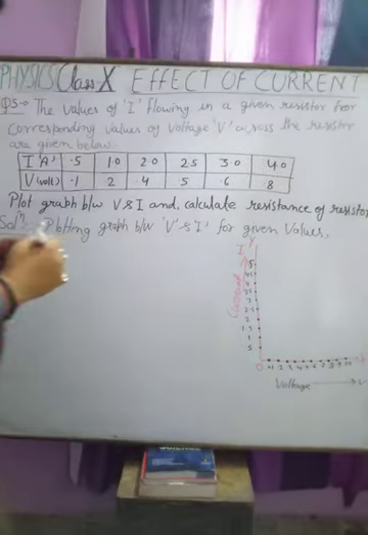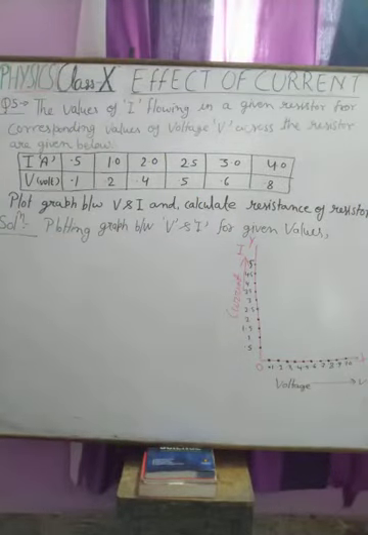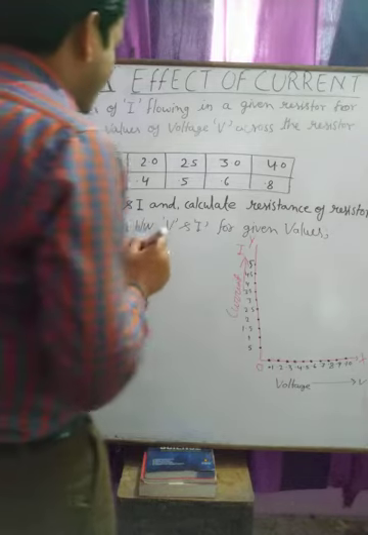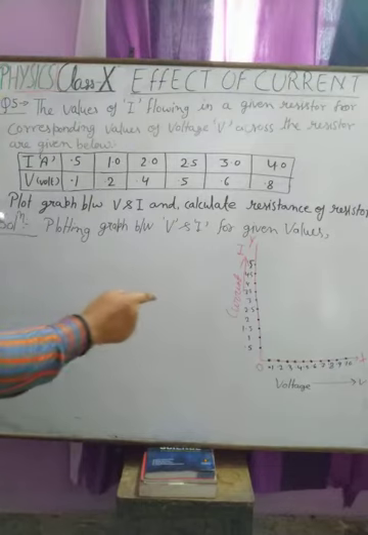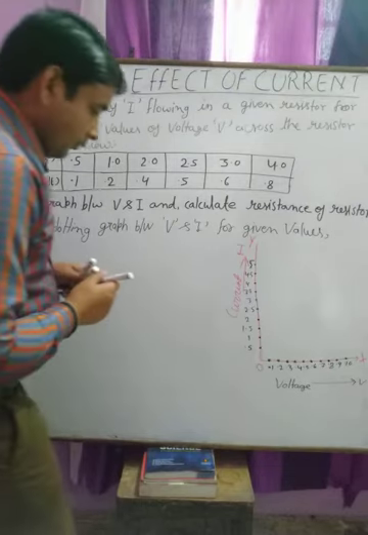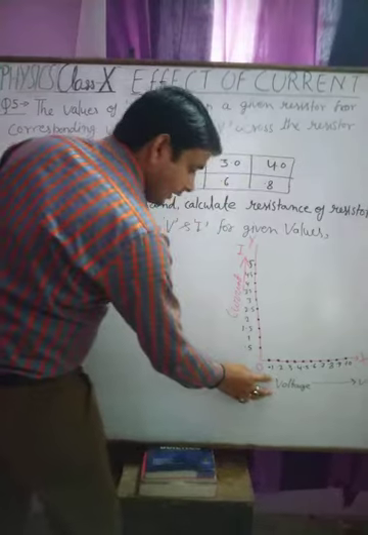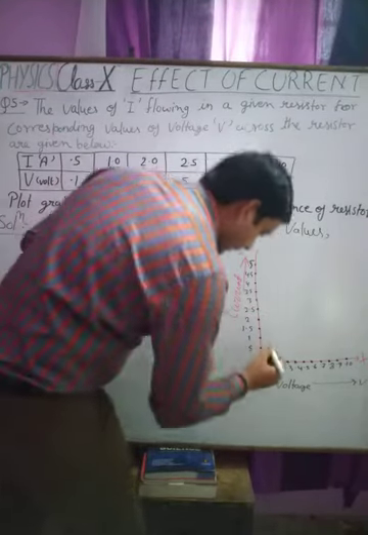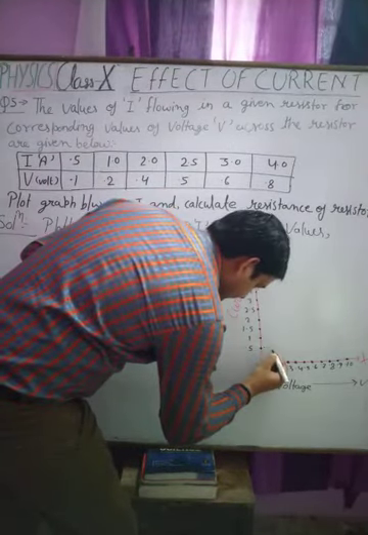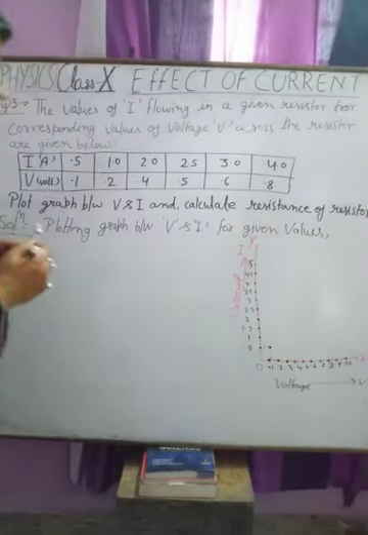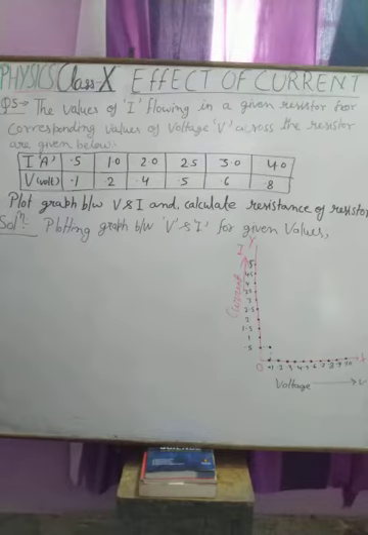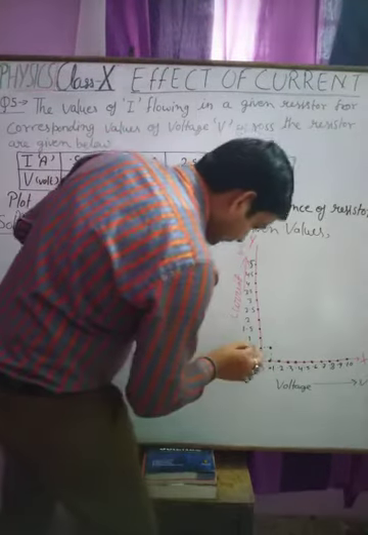Okay, student. Now we are plotting these points. When the voltage is 0.1 volt, the current is 0.5 ampere. When the voltage is 0.2, the current is 1 ampere.